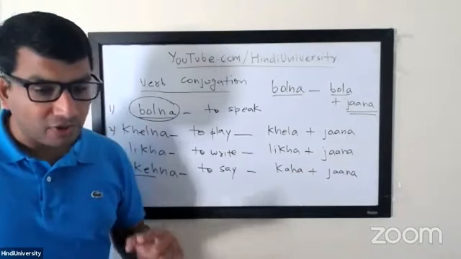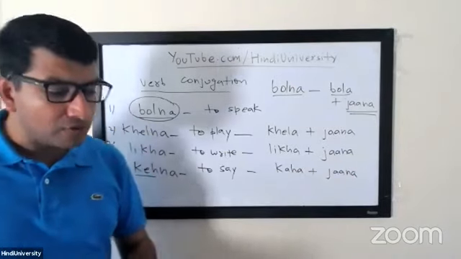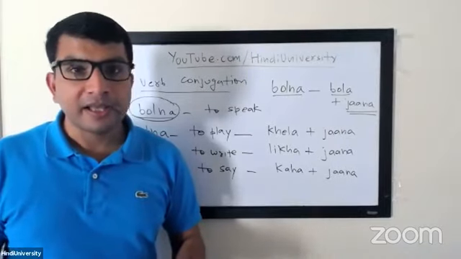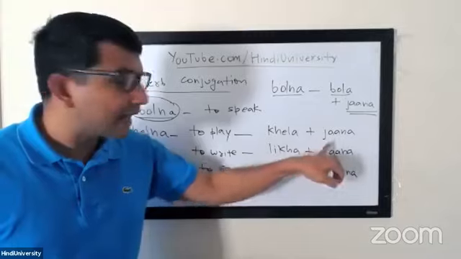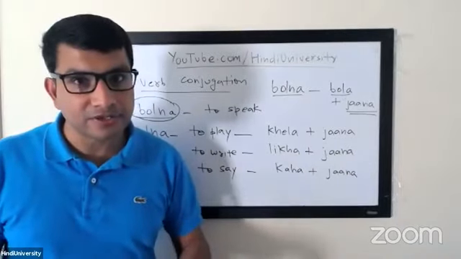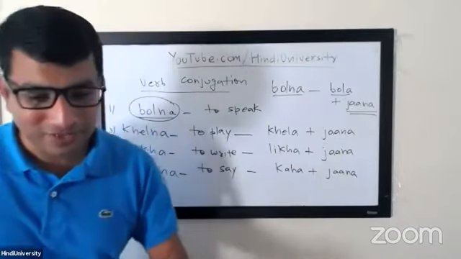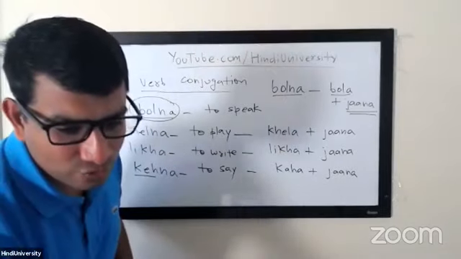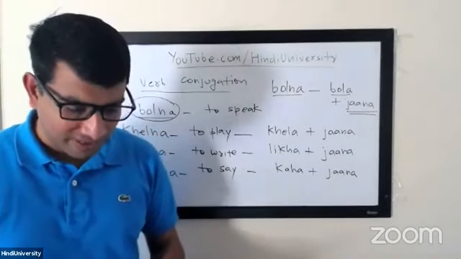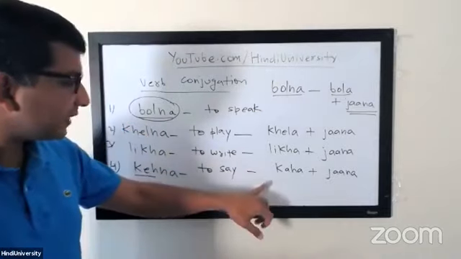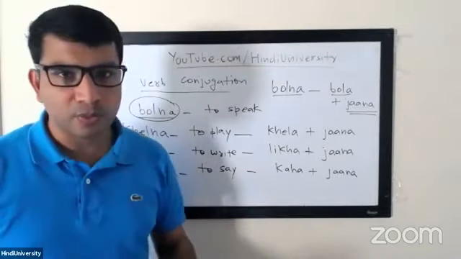In your mind right now, think about some words, try to say them in past form and then add jana to it and see if it makes sense. This is the exercise for all of you. Write it in the Zoom chat, so I can make sure that you are all on the same page. There are some subtle variations, but these are the most basic ones.